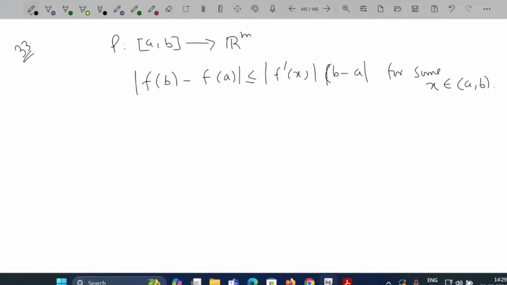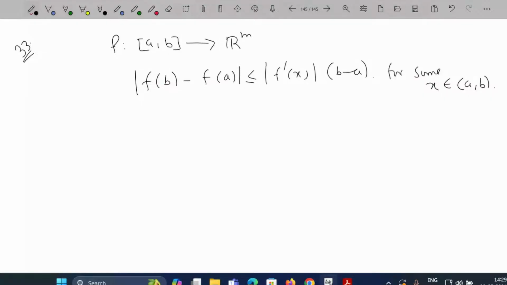The first norm means the norm in Rn. f of b minus f of a is a vector in Rn. The norm of f dash x is the norm of the operator. And the norm of b minus a means just a number, so it's just b minus a. Let me define the norm of an operator.